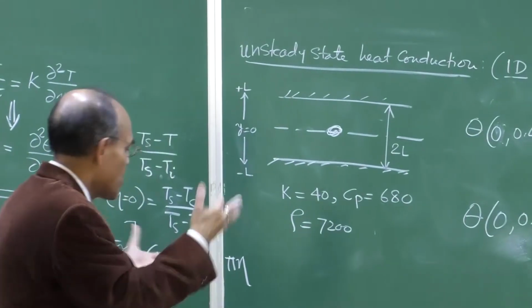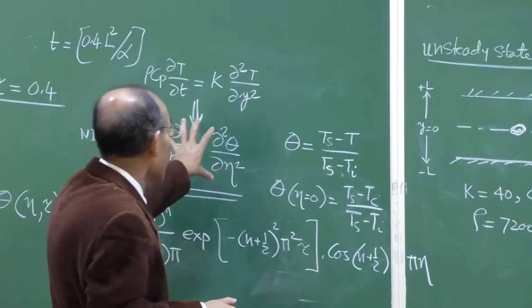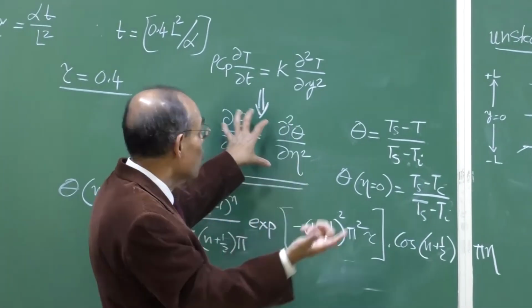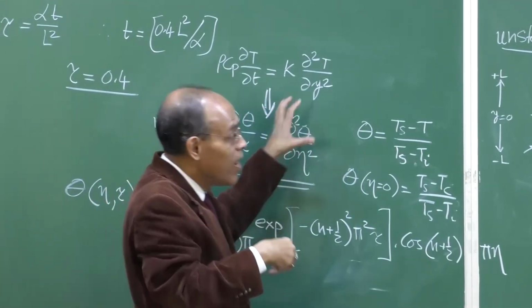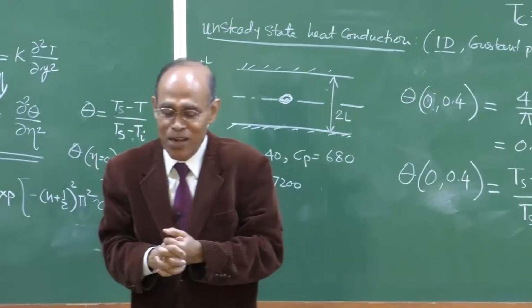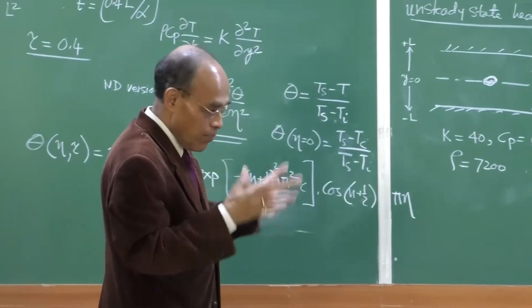So, I think the same principle applies there also. You will find non-dimensionalization is an important exercise. This must be at your fingertips, how to convert the equation into a non-dimensional form and translate the boundary conditions which I have shown here into the corresponding non-dimensional form, and then reading the Heisler chart is going to be a piece of cake for you.